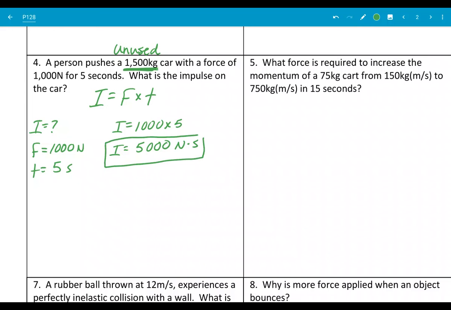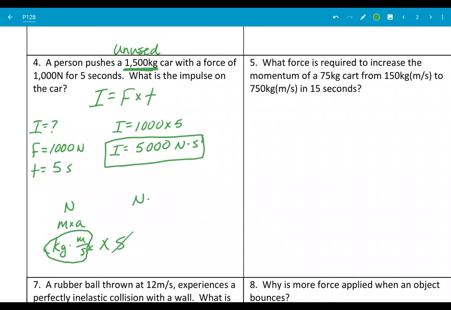Okay, now those are weird units, right? Newton seconds, when we're used to using kilograms times meters per second for questions involving momentum. That's true, okay? But a Newton is actually a unit that's made up of mass times acceleration, which is kilograms times meters per second squared, which when we take that, newtons, and multiply that times seconds, that seconds cancels there, and we're still left with our kilogram meters per second.